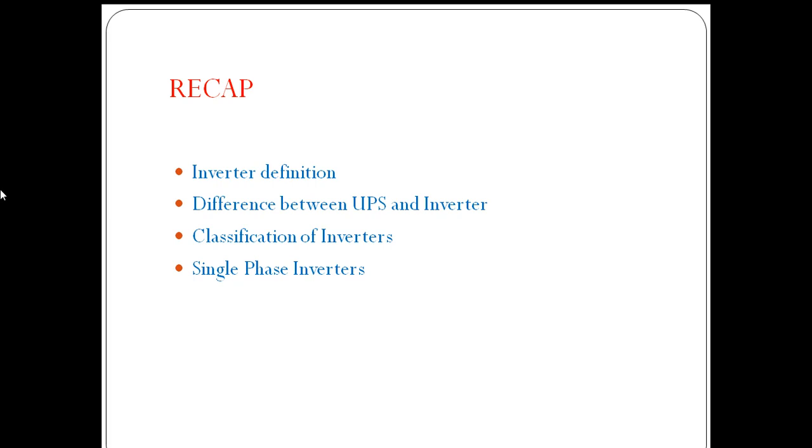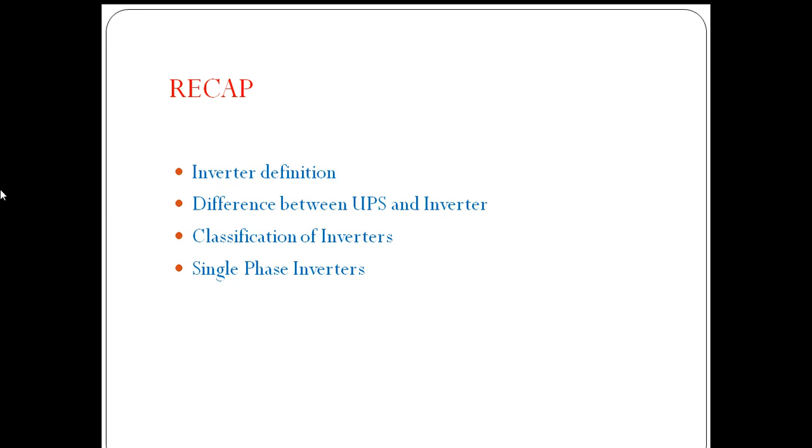In half bridge inverter, we require a three wire DC supply. So that is practically difficult. And the source utilization factor in single phase full bridge inverter is 100%. So almost double.